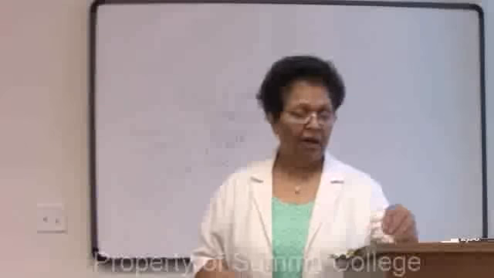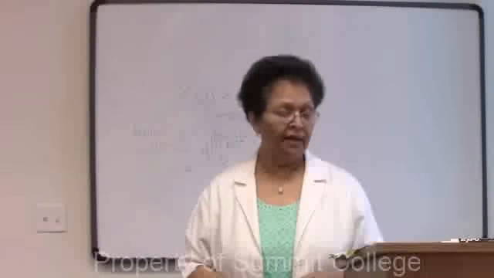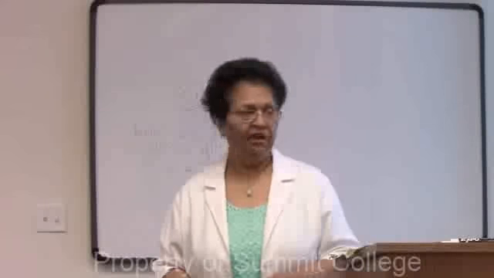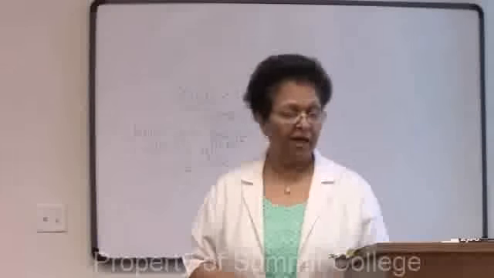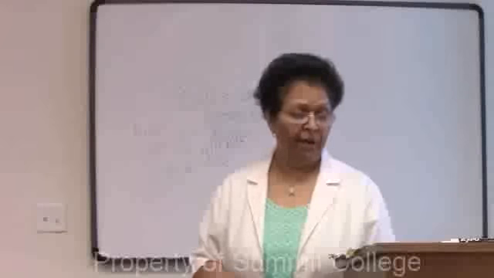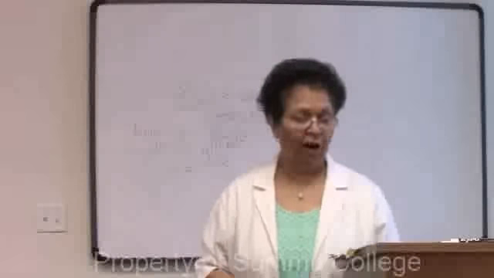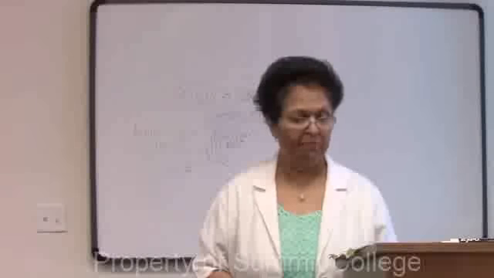Stage 2, after 1 to 6 months if untreated: underline the word cardiac, heart, and it affects the neurological system. Underline the word paralysis, Bell's palsy. So cardiac and neurological problems.